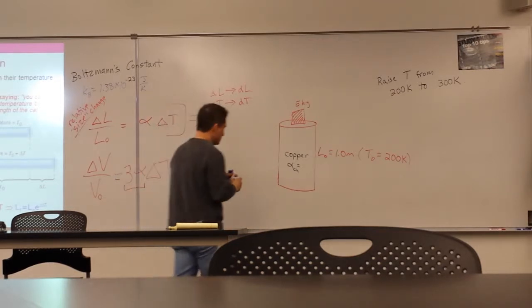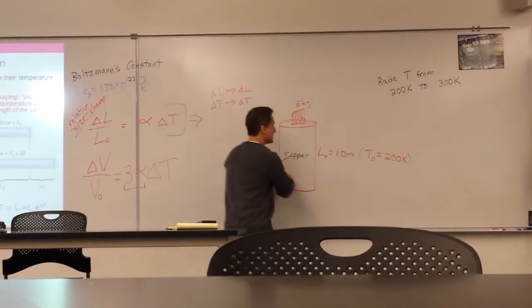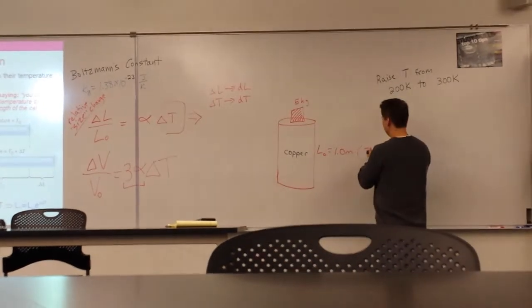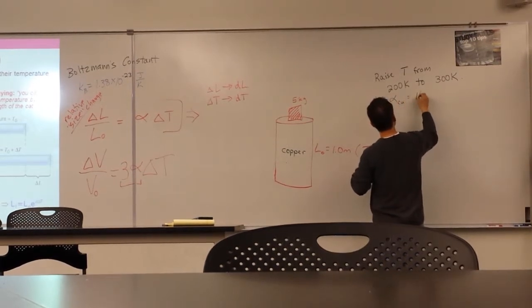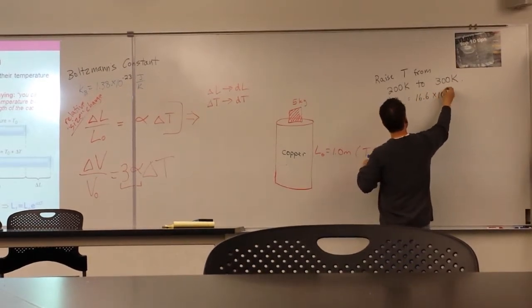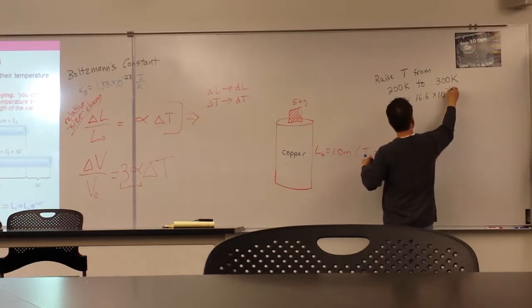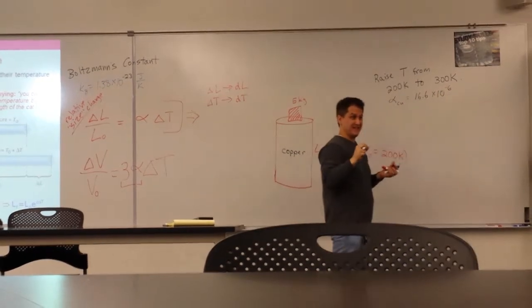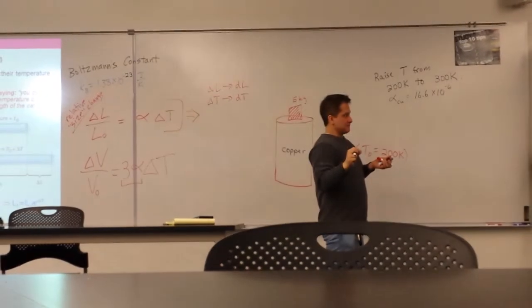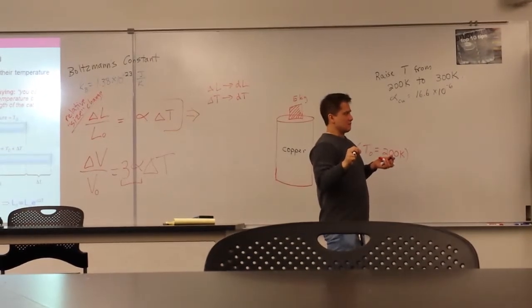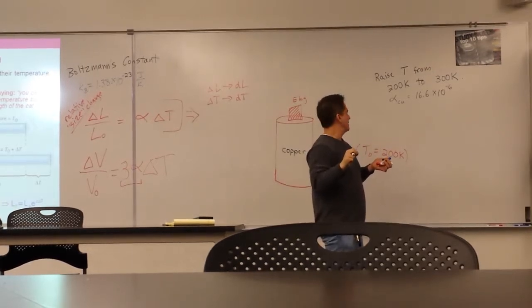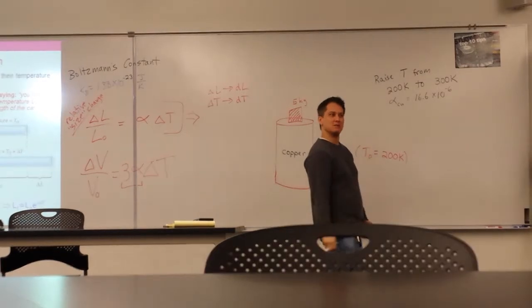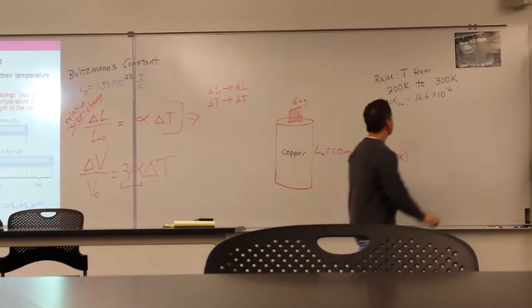So alpha is 16.6 times 10 to the negative 6, and the units are meters over meter Kelvin.